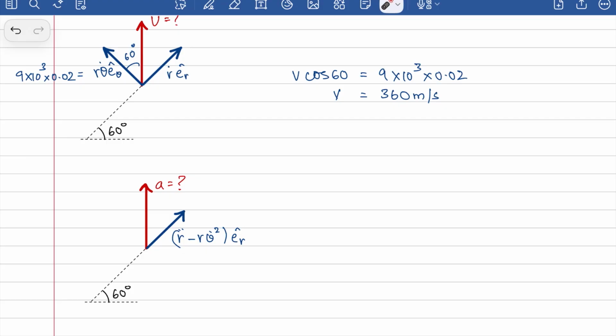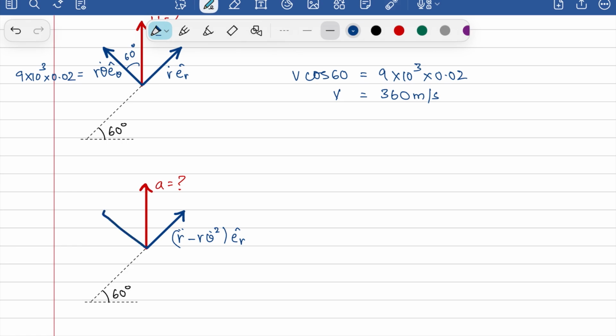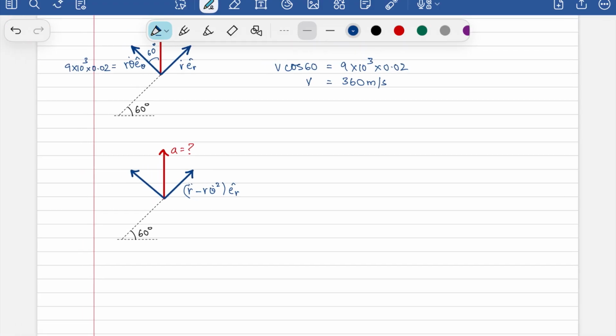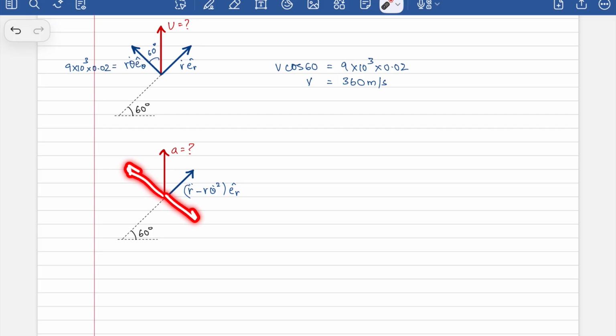Why is it in this direction? It's because radially outward from your point of measurement. And then you have another component that is in this direction, perpendicular.